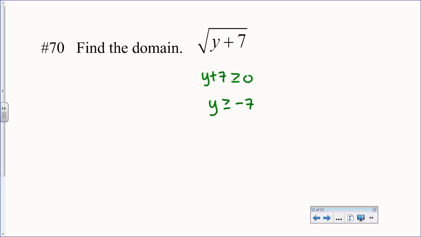Write that in interval notation. So for this one, I'm just going to have one interval. I'm starting at -7. Do I include it? Yes. So y can be anything from -7 and on. So -7 to positive infinity.